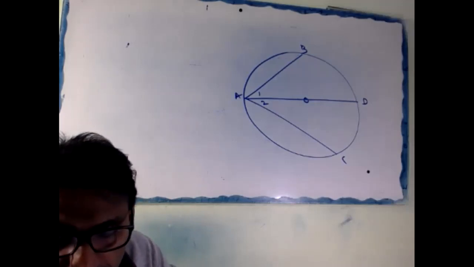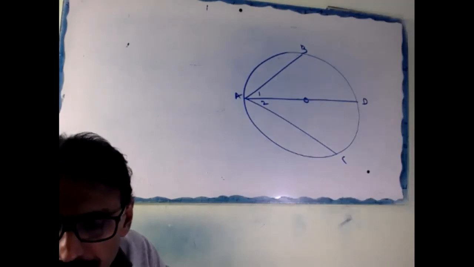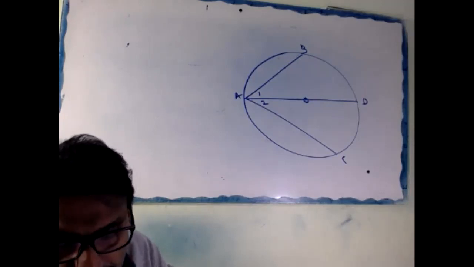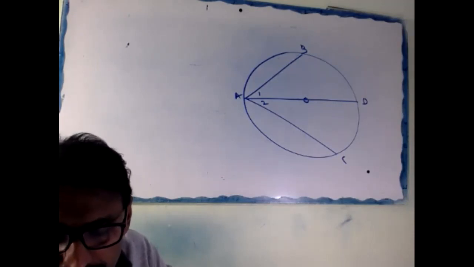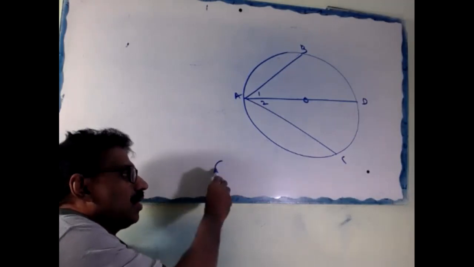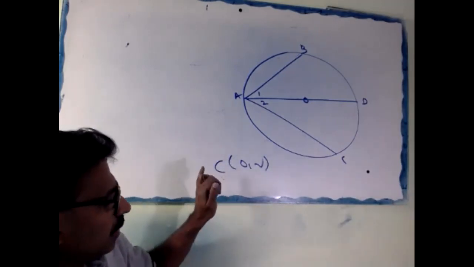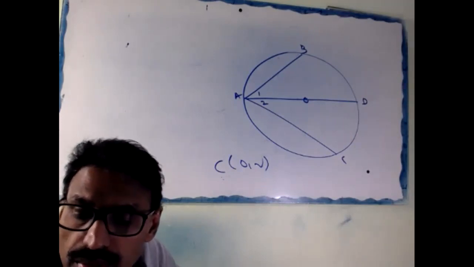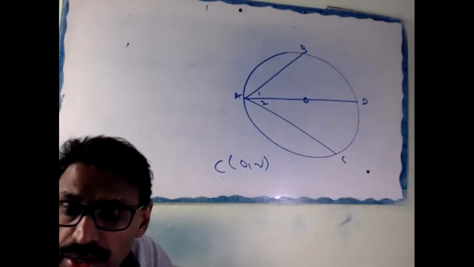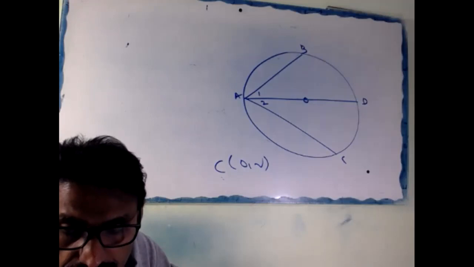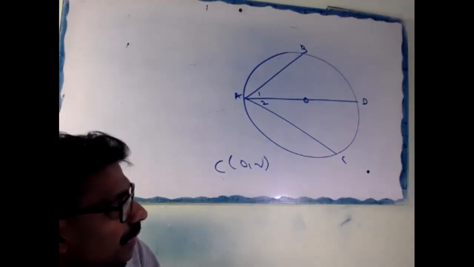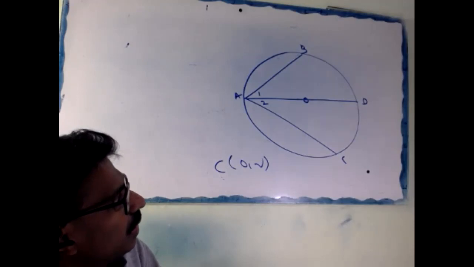Given: two chords AB and AC of a circle with center O and radius R, such that AB and AC are equally inclined to the diameter AD.